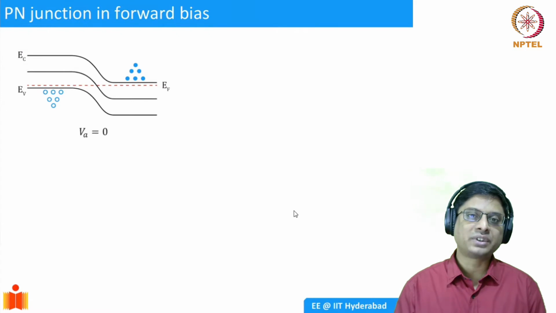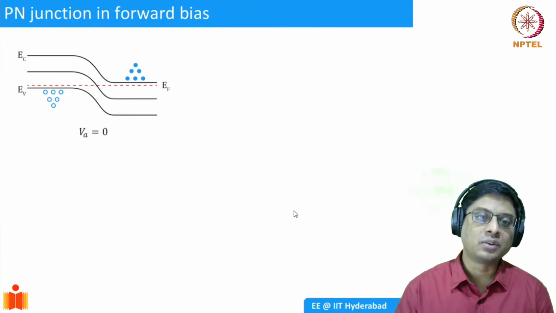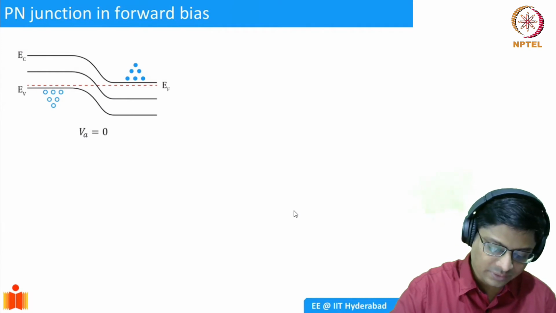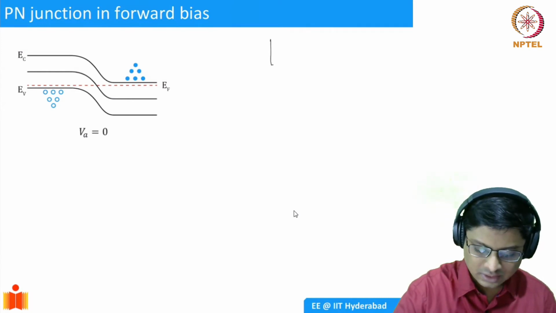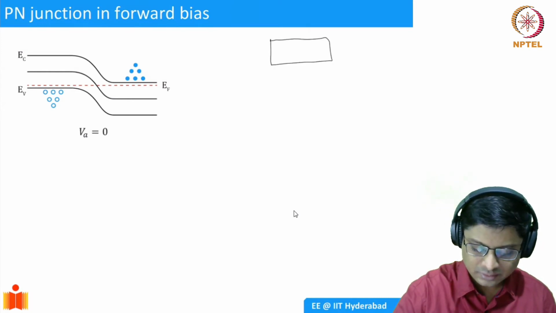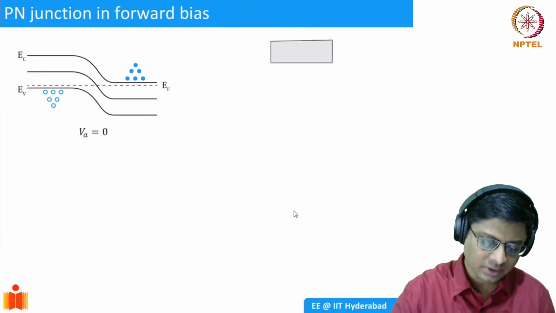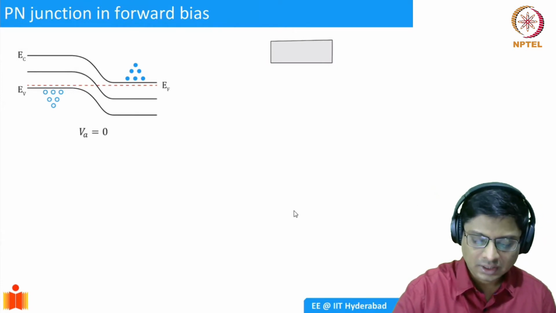Now what happens to the energy band diagram when you apply a voltage, right? So what we are essentially doing is we are taking a PN junction, and then we are biasing it.